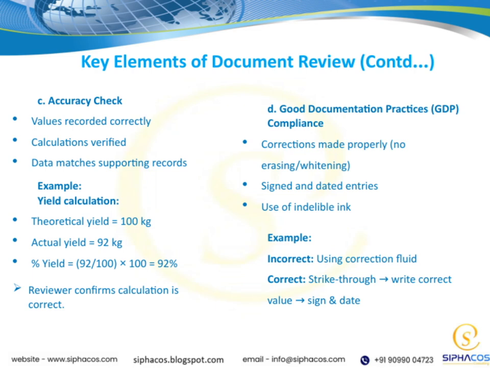For example, when calculating yield, you should confirm that the theoretical yield is correctly noted, the actual yield is accurate, and the percentage yield is computed correctly. Here's an example. Suppose the theoretical yield is 100 kilograms, and the actual yield is 92 kilograms. The percentage yield is calculated as 92 divided by 100 times 100, which equals 92%.